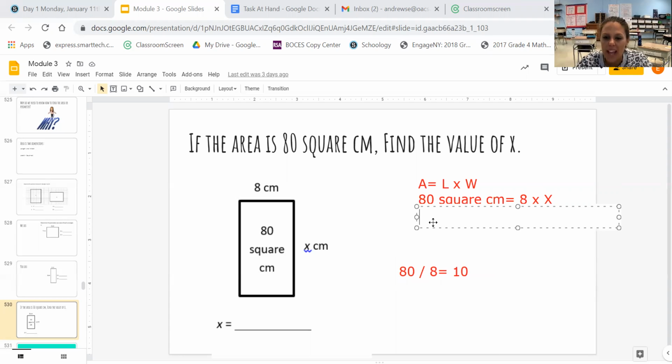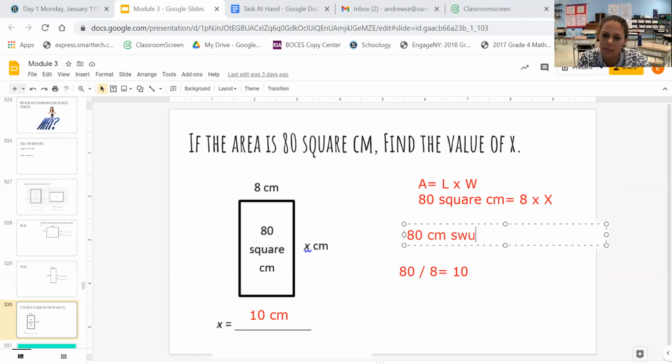So I could write, well, down here, x equals 10 centimeters. My area is 80 centimeters squared times my length of 8 and my width of 10. Okay, so what we did was we kind of did the inverse operation to figure out our answer.